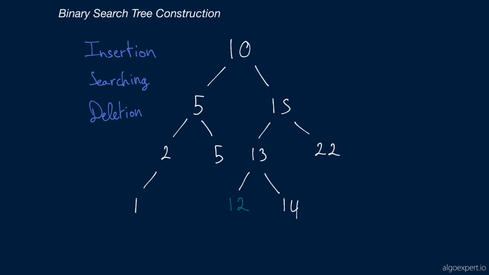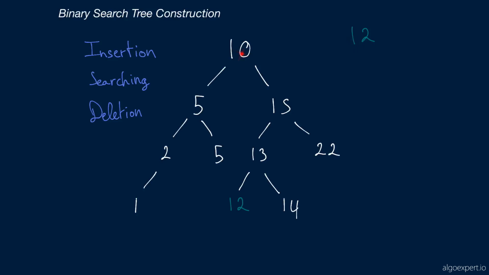Now, if we go on to searching, we're going to notice that the logic is very similar. So let's say that we were searching for the number 12 again. We start at the top, right? We call the searching method on the BST, so on the root node. What do we want to do? Well, just like we did with insertion, we compare the value of our node, which is 10, to the value 12.